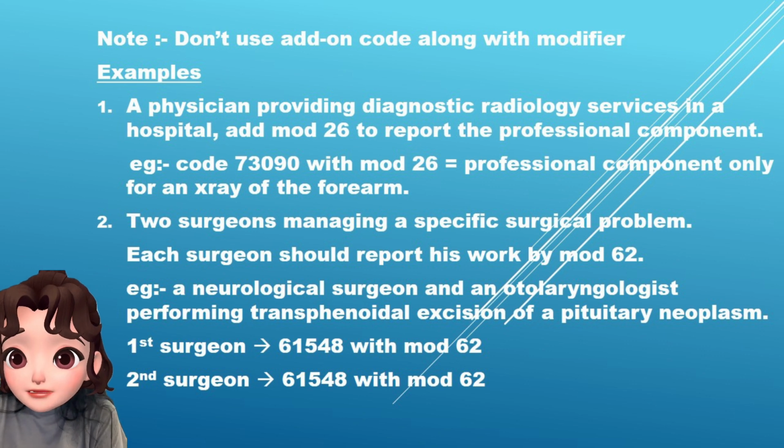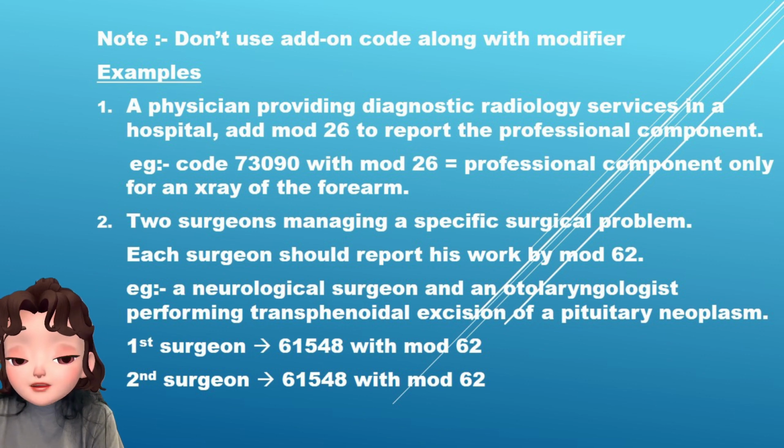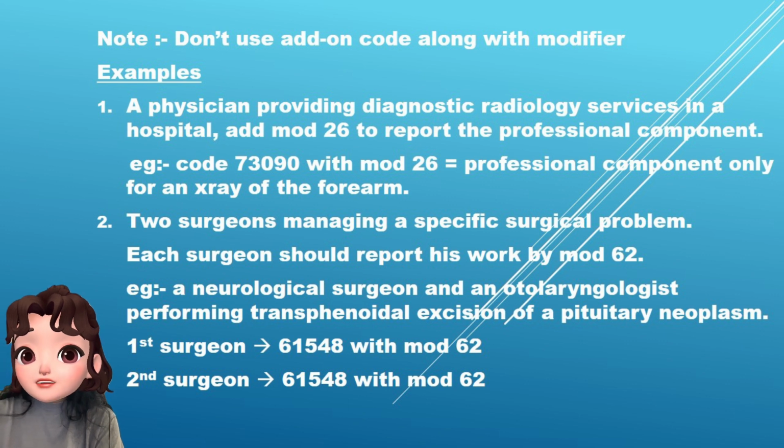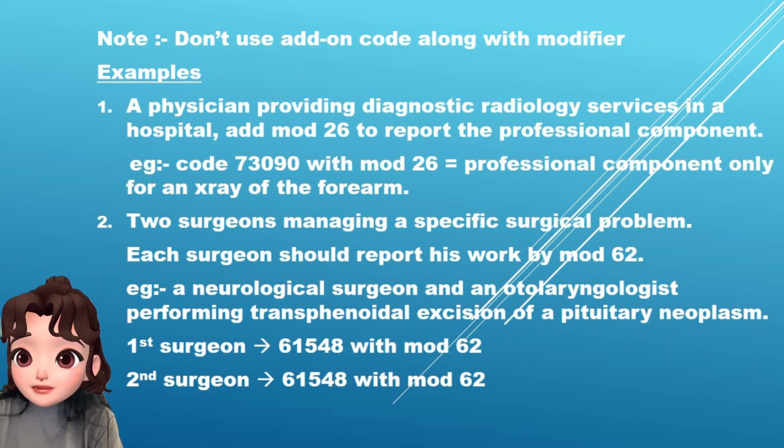First example, a physician providing diagnostic radiology services in a hospital. Add modifier 26 to report the professional component. For example, if you look at the CPT textbook, code 73090 with modifier 26 represents a professional component only for an X-ray of the forearm.